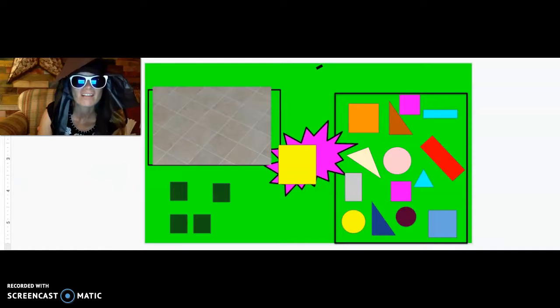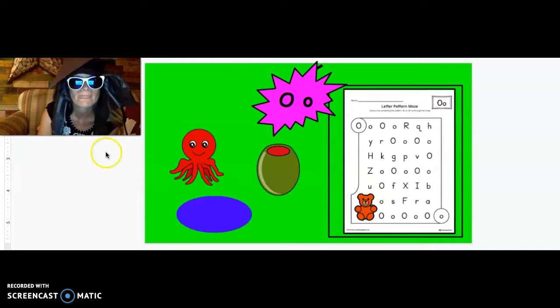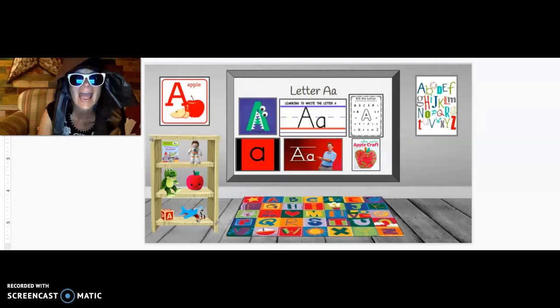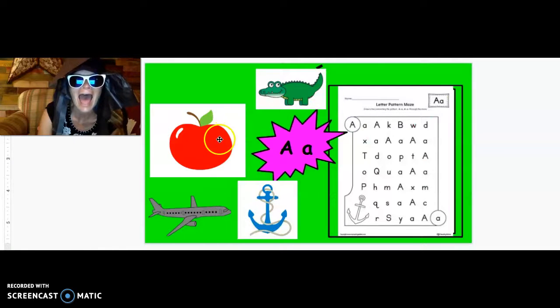Let's review our letters. Some that we have learned before we learn about the letter D. This is the letter O. Good. Can you say A, A, A, A? This is the letter A. Apple. I love apples too. Let's see.